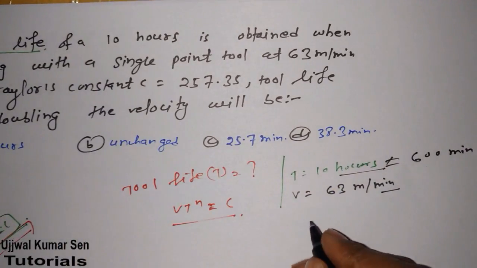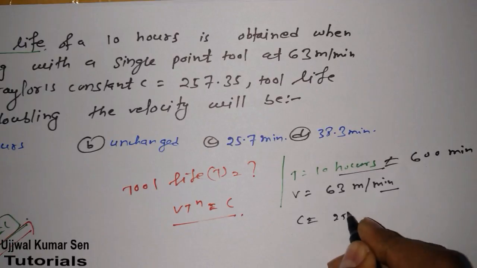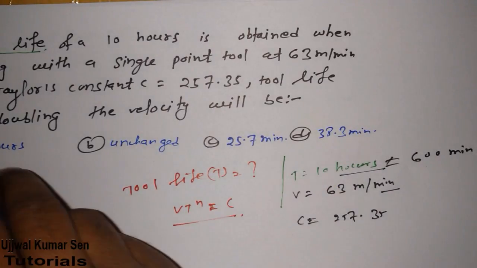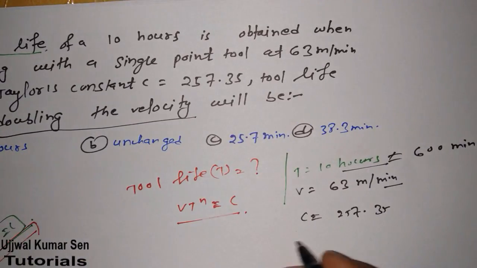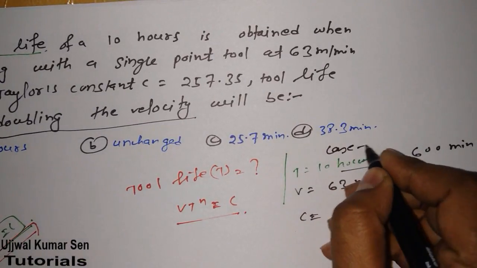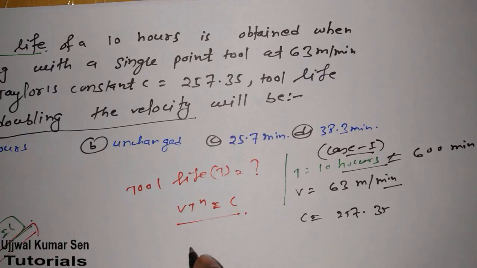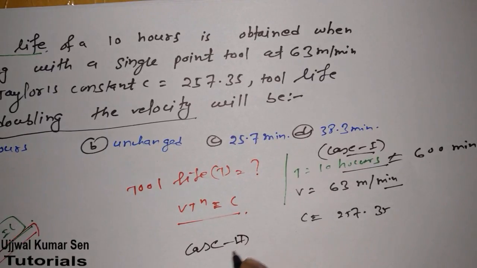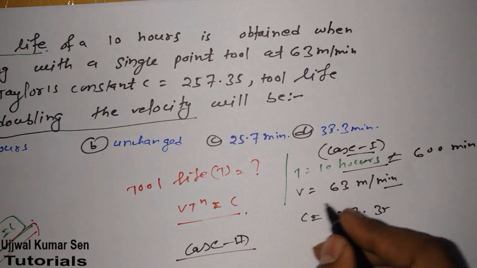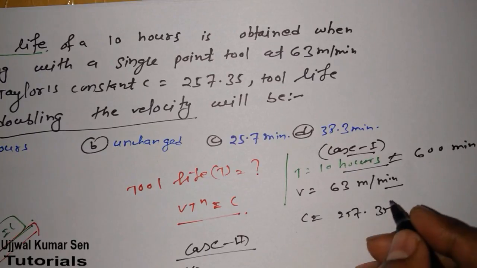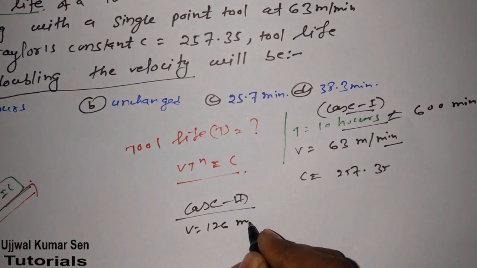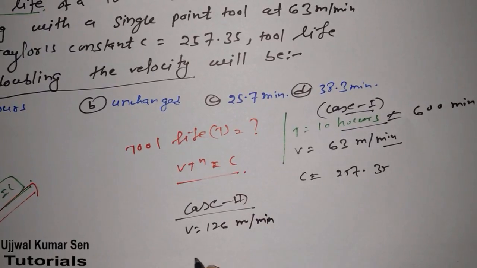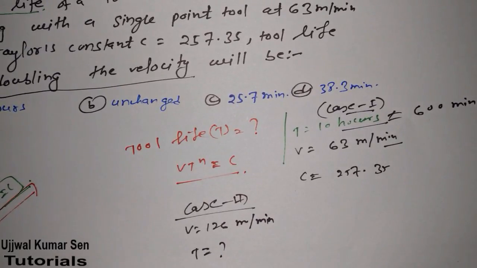If Taylor's constant C is equal to 257.35, and we are doubling the velocity, just like case 1 here, in case 2 the velocity is doubled, 63 multiplied by 2, that is 126 meter per minute, then T is equal to what?